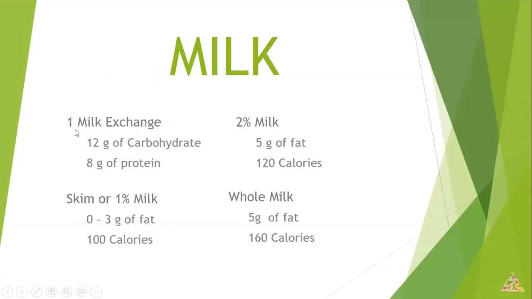All right, so here's the milk exchanges. One milk exchange has 12 grams of carbohydrate and 8 grams of protein. Skim or 1% milk has 0 to 3 grams of fat and 100 calories. 2% milk has 5 grams of fat and 120 calories.